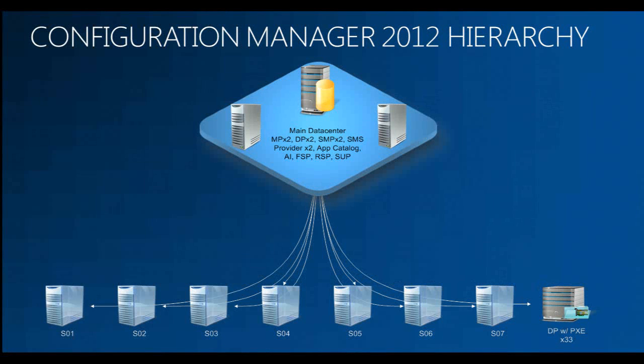We have 7 secondaries. Bottom right corner, we got 33 distribution points. I don't have as many moving parts here. I don't want moving parts. I want my hierarchy to be, again, as simple as possible, as complex as necessary. So that was the minimum complexity that I and the client felt comfortable with.